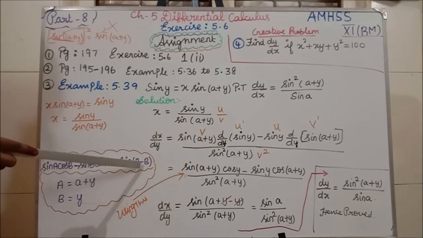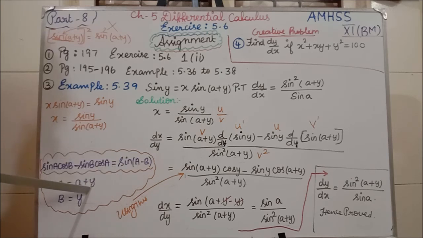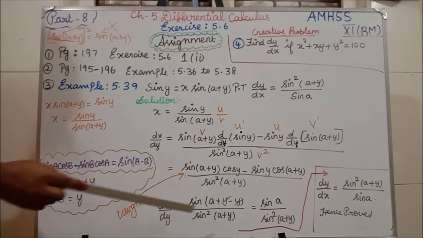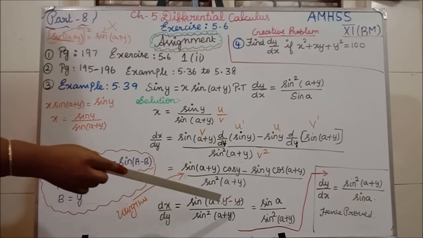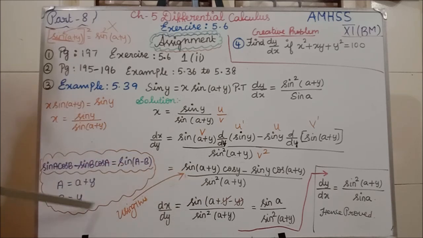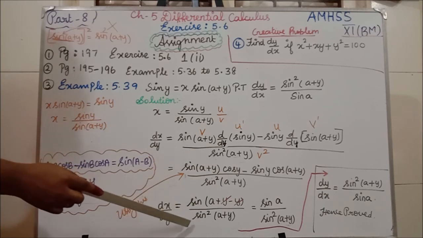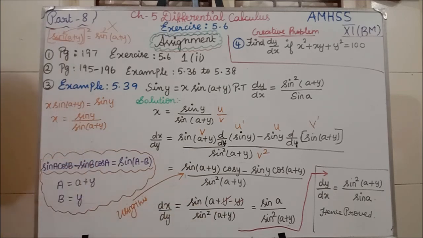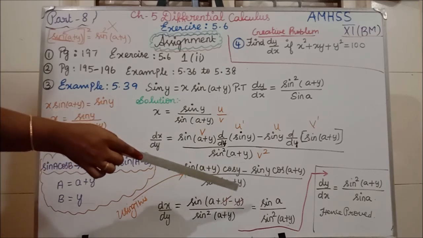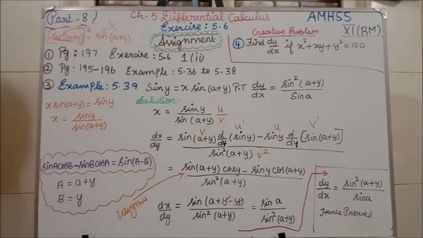Sin a minus b is our formula. So instead of a we are having a plus y, minus d is y. So y divided by sine square a plus y. Here plus y and minus y will get cancelled. Sin a by sine square a plus y.